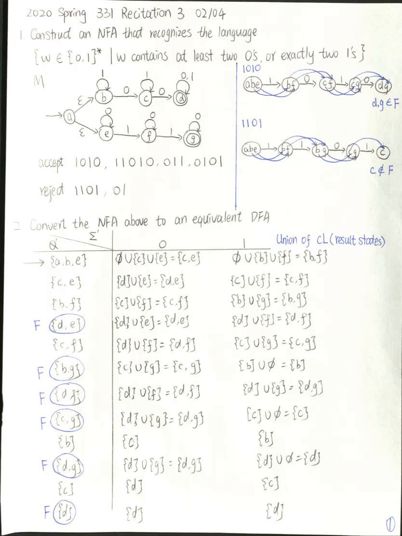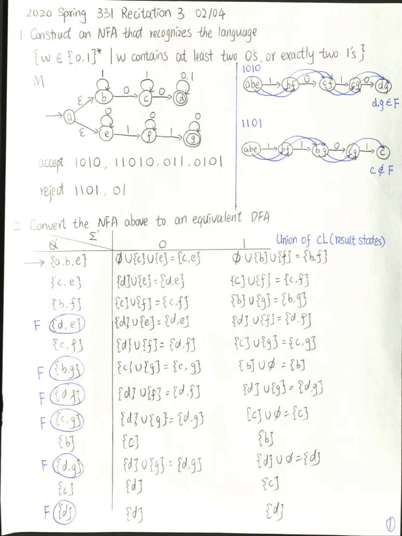So the resulting states that can be reached by consuming a single 0 is C and E. Now we need to take the closure of this C and E. That means if we can reach this C and E, if there are any epsilon transitions out of these states, then we can also reach those states by consuming nothing. In this case, the closure of C and E is C and E itself.